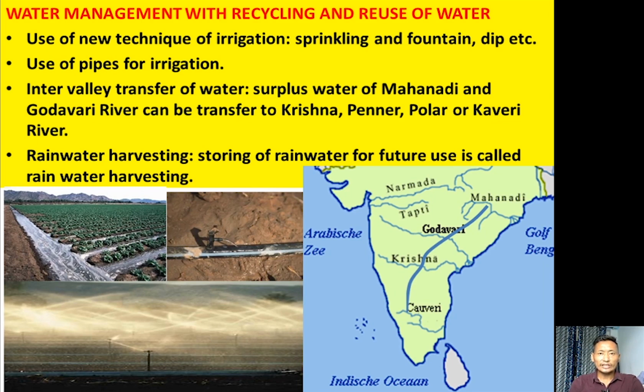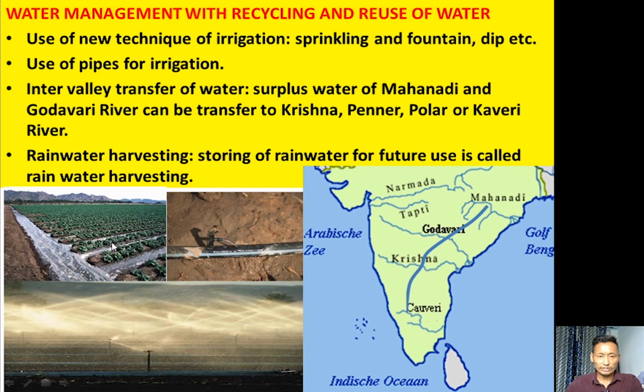Use of new techniques of irrigation such as sprinkling and fountain. This is called sprinkling. It is rotating. And this is called fountain. Another method we can use in the agriculture system is drip irrigation. This is traditional irrigation.